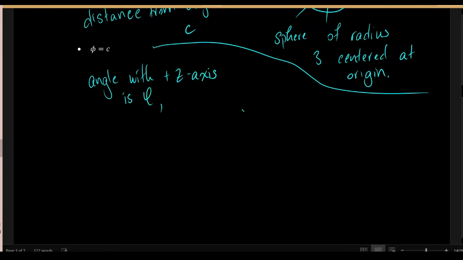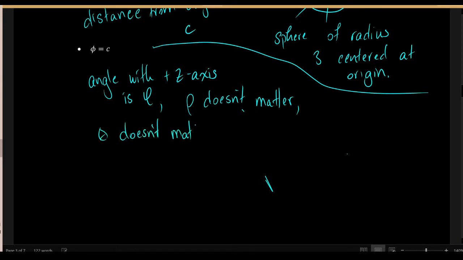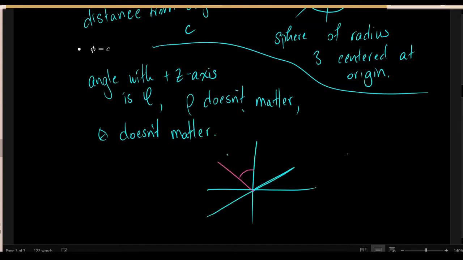The three-dimensional distance of the point from the origin doesn't matter. And the point's longitude, its horizontal orientation, its theta value, also doesn't matter. Let's just say that this is c, measured downward from the positive z-axis.